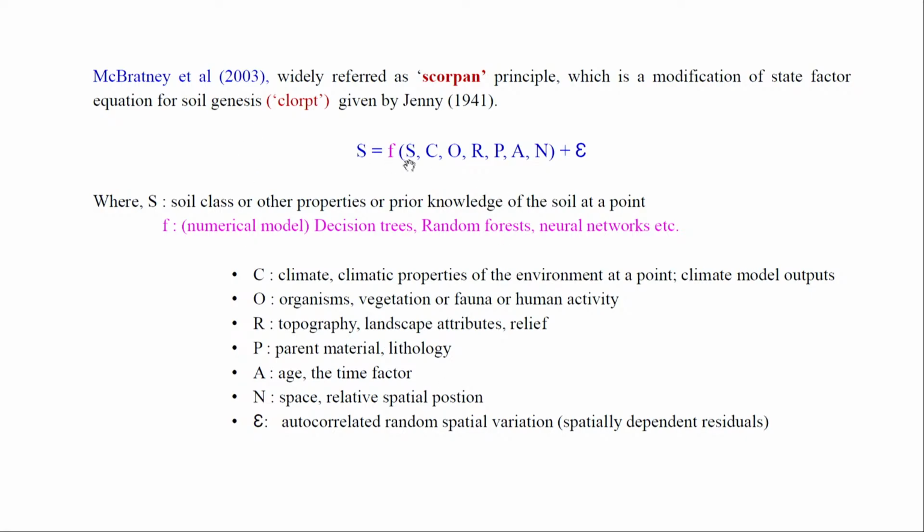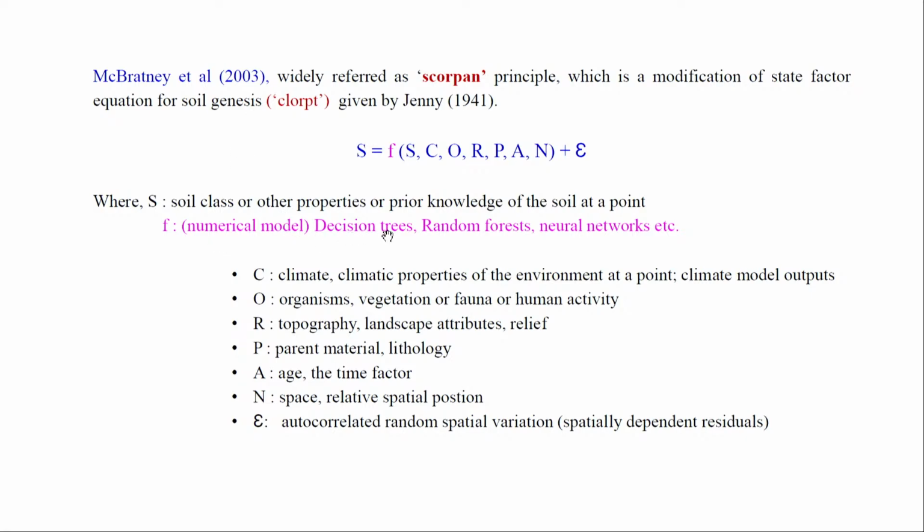And these factors, suppose soil means old soil information, organism, relief or topography, parent material, other factors are the same. These factors we call environmental covariates. So environmental covariates and point data, you relate by statistical methods. And what are the statistical methods?